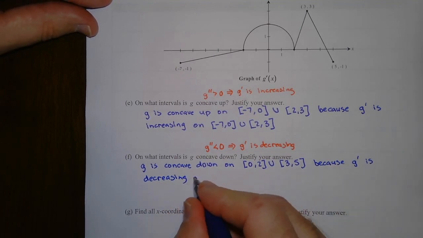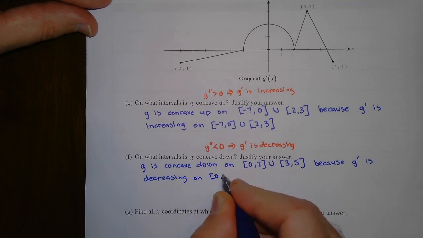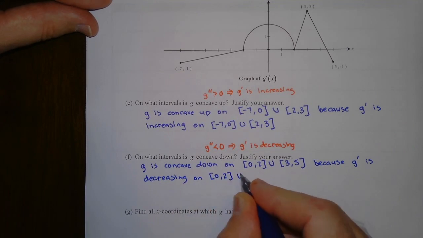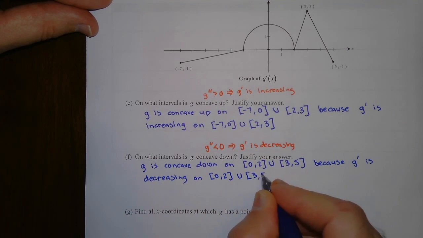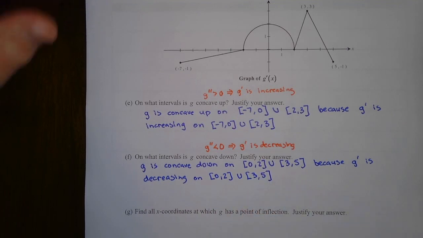So decreasing on 0 to 2, union 3 to 5. Okay, so, all right, now the next question is this.